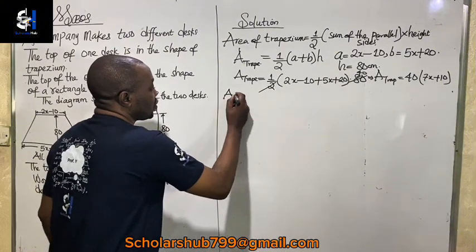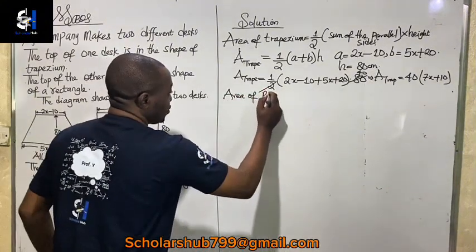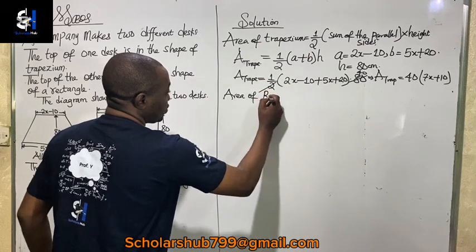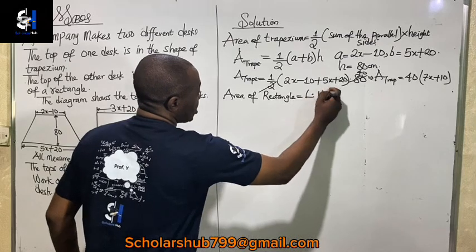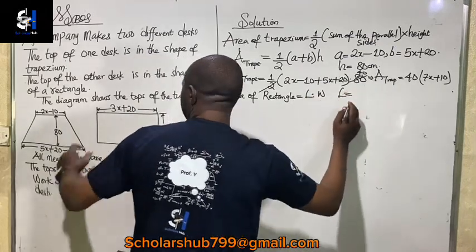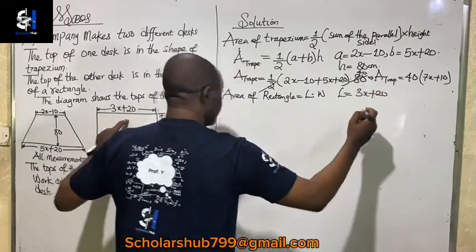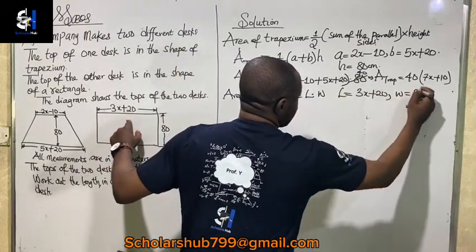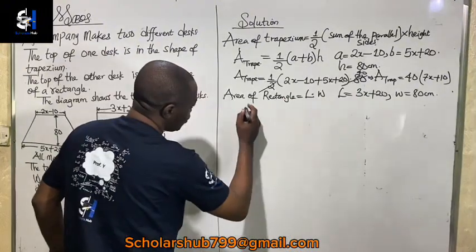Now let's also write down the expression for the area of the rectangle. The rectangle is length times width. The length in this case is 3x plus 20, then the width is 80 centimeters.